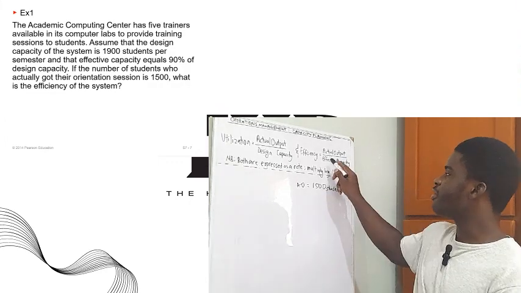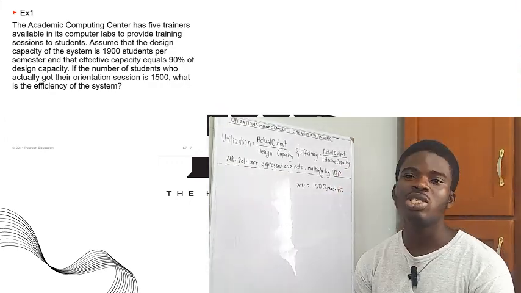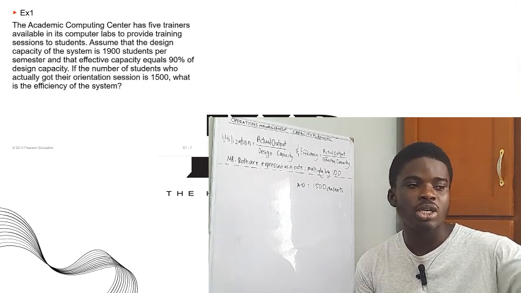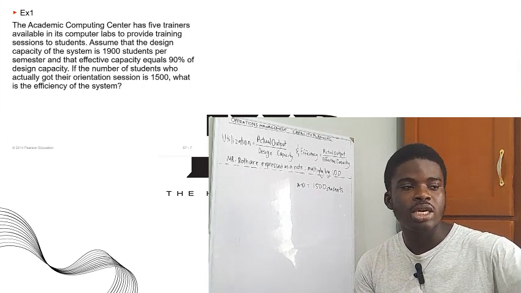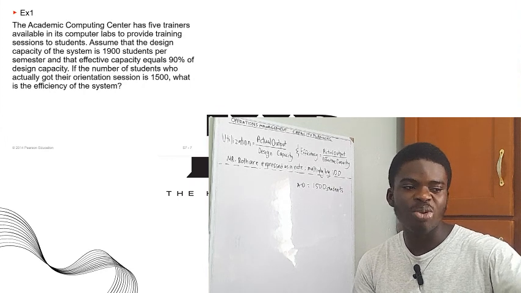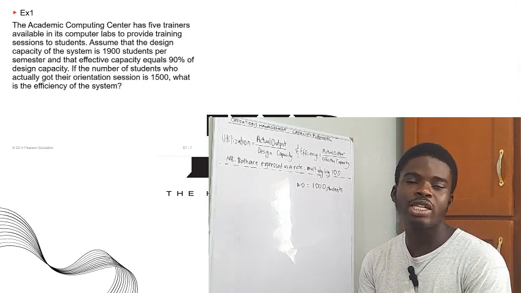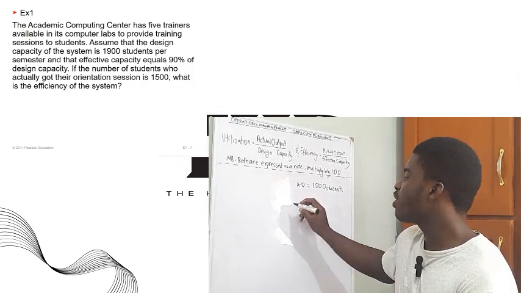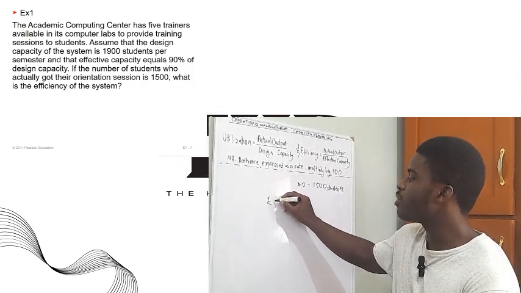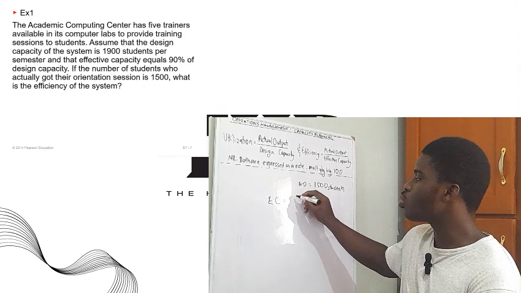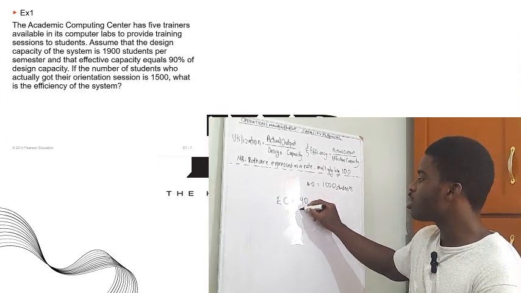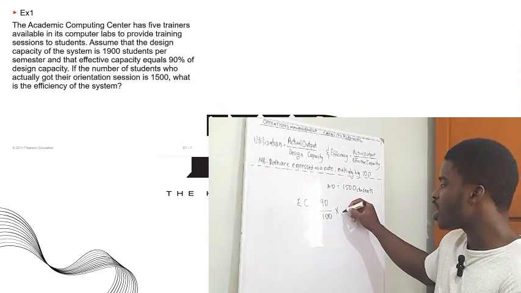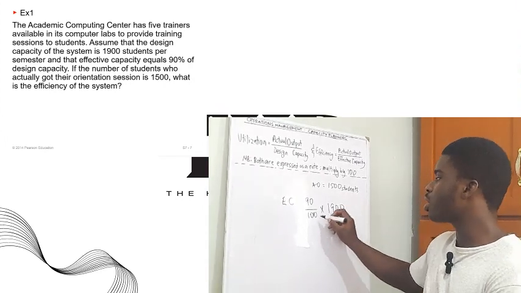So we need the effective capacity next. The question didn't actually give us the effective capacity. It's stated that the effective capacity is 90% of the design capacity, which was given as 1900. So to find the effective capacity, that would be 90 over 100 times the design capacity.